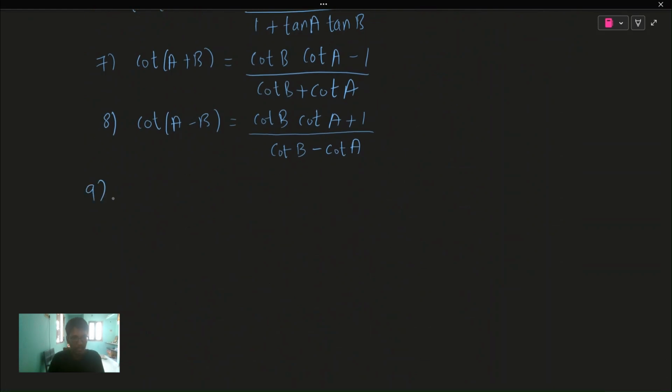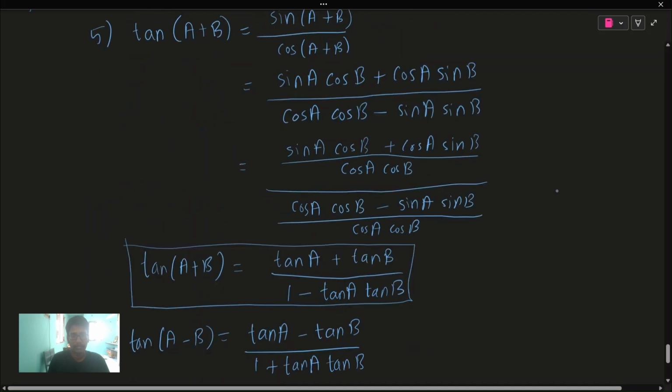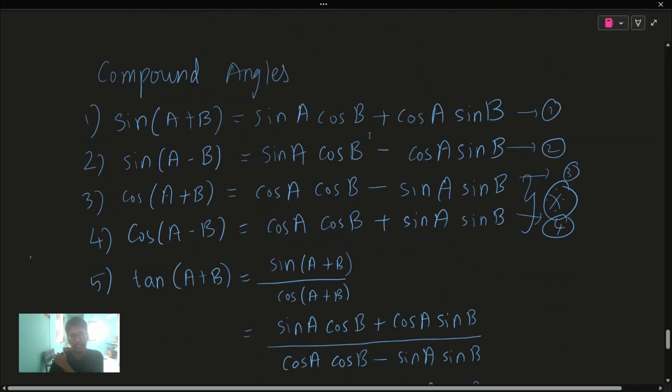From 1 and 2, 1 plus 2, which means sin of A plus B plus sin of A minus B, would result in 2 sin A cos B, because cos A sin B would get cancelled and this would be added twice. So 2 sin A cos B.